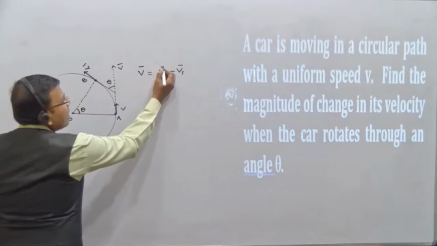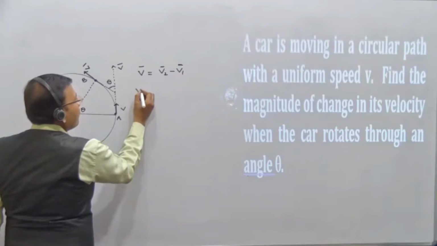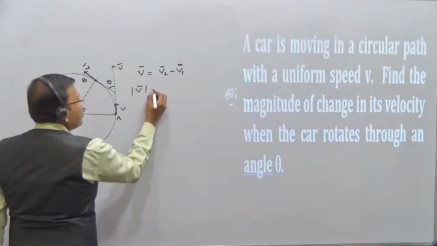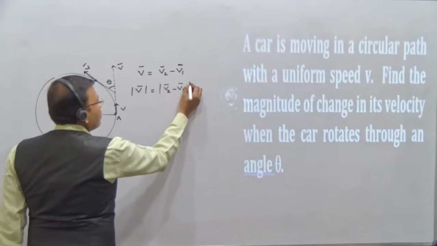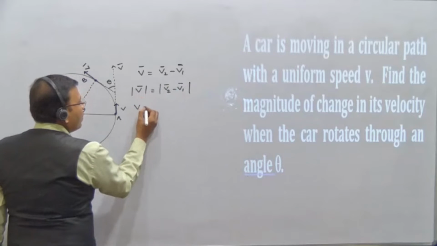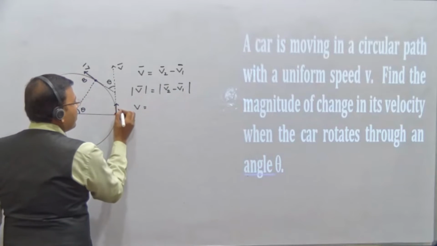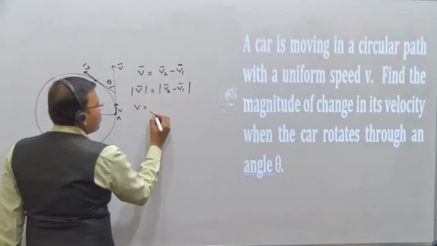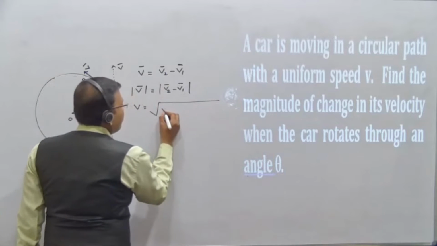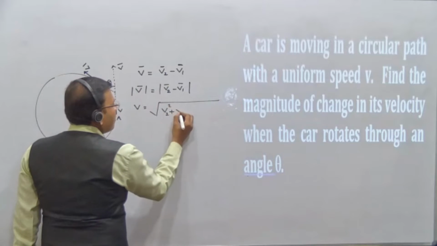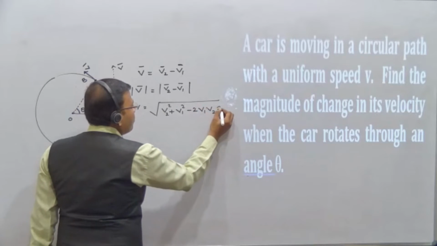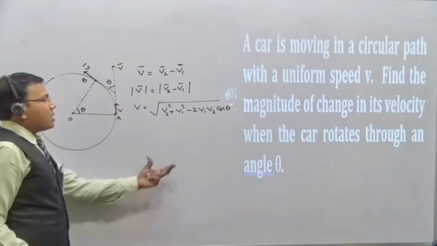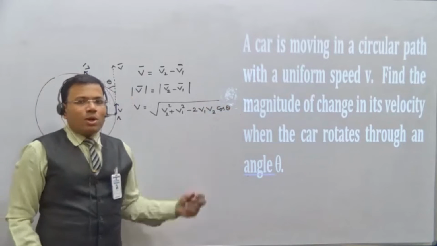Now, these are the vector form, so taking the magnitude, this is v only. And this you know how to calculate: under root of v2 square plus v1 square minus 2 v1 v2 cos theta. This is the parallelogram law of vectors that I am applying.